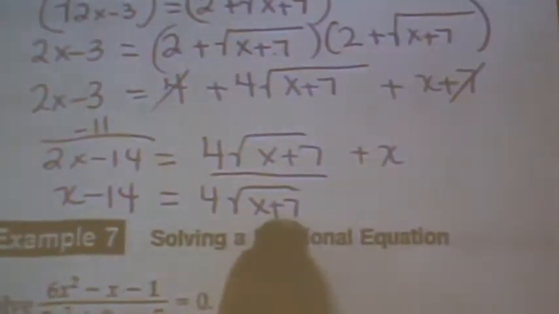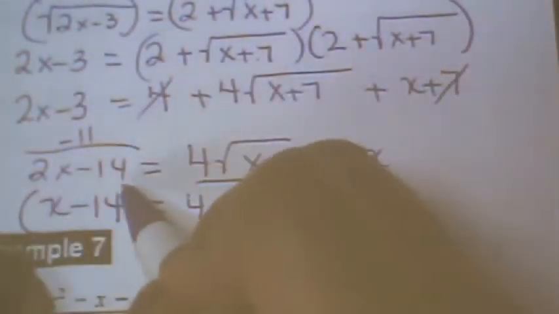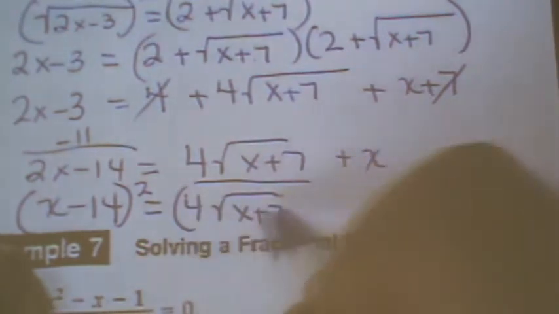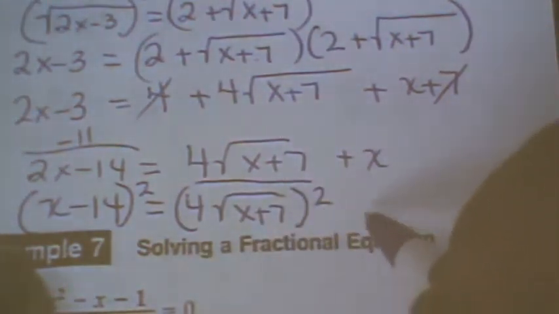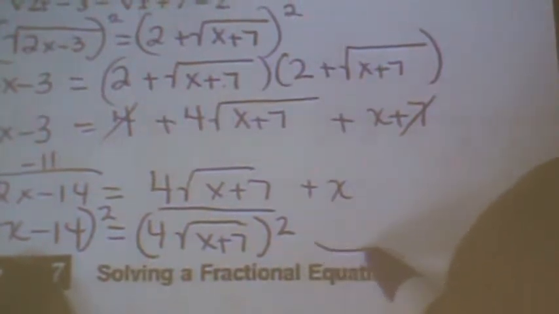Okay, and now, once you've isolated this radical, you want to square both sides again. Square this side and square this side. So I need x minus 14 squared. What is x minus 14 squared?